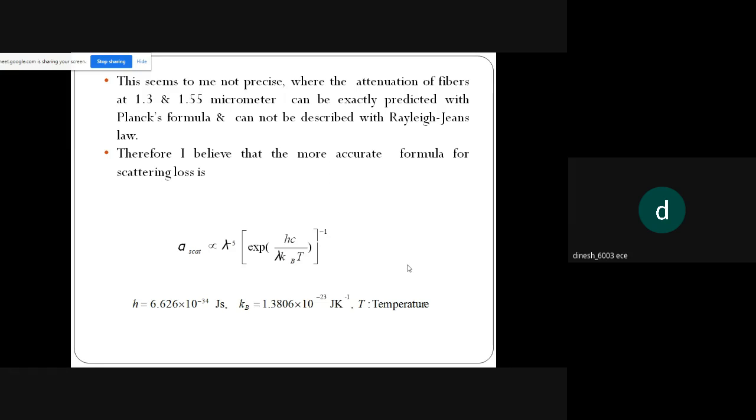So therefore the scattering loss due to scattering is directly proportional to lambda power minus 5, times the exponential of hc divided by lambda kb T, the whole inverse, or 1 divided by exponential of hc divided by lambda kb into T. Where h is the Planck's constant, 6.626 into 10 power minus 34 joule seconds, kb is the Boltzmann constant, which is 1.3806 into 10 power minus 23 joule per Kelvin, and T is the temperature at which this optical fiber is operating, and lambda is the wavelength of operation. So by this we can easily find the scattering loss.